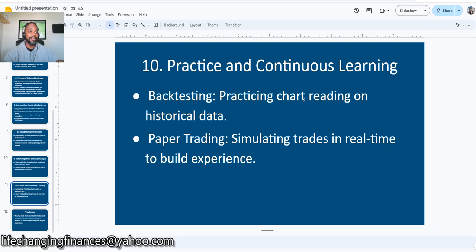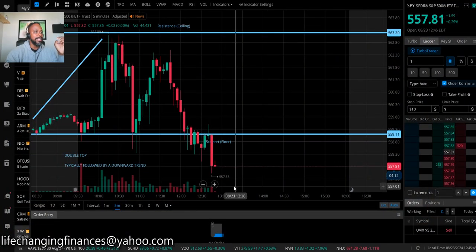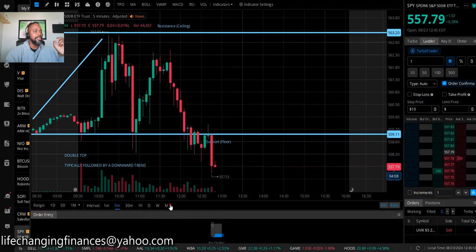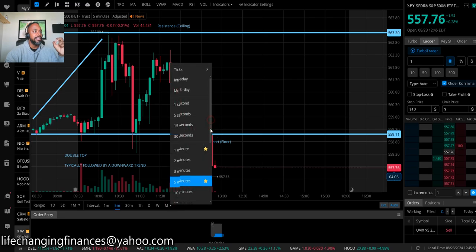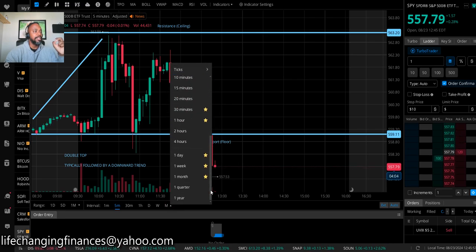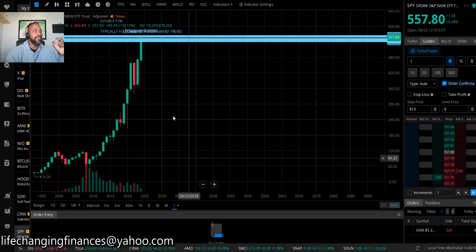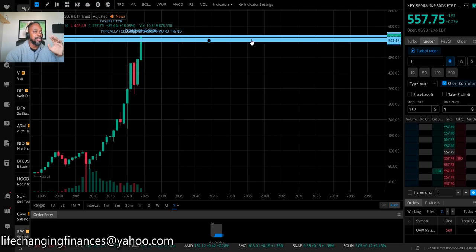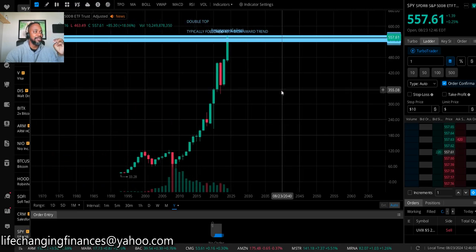Now, back testing, practicing chart reading on historical charts. Again, we kind of simulated that today, and I'll go a little bit in depth with this. So, for example, if we wanted to look at this thing even on the 1 year chart, and excuse all the blue lines here, but I need those for later.